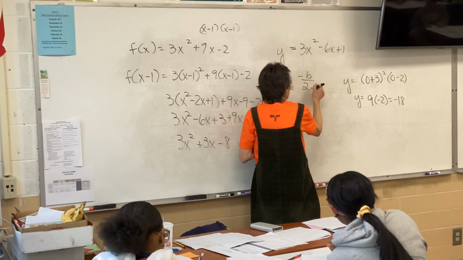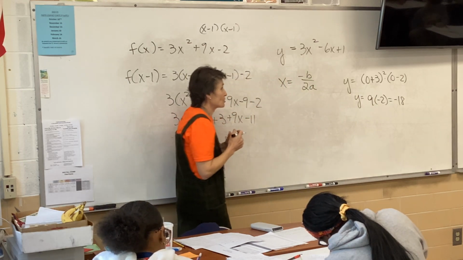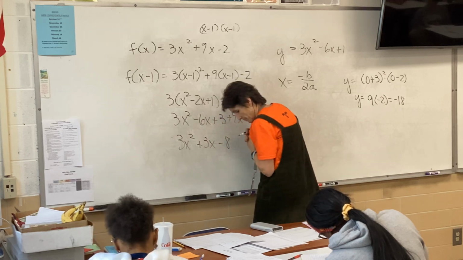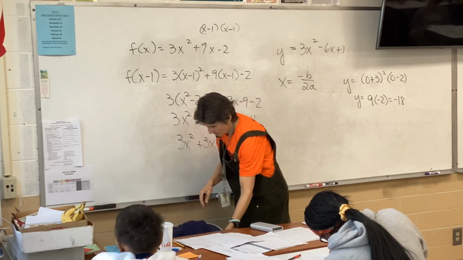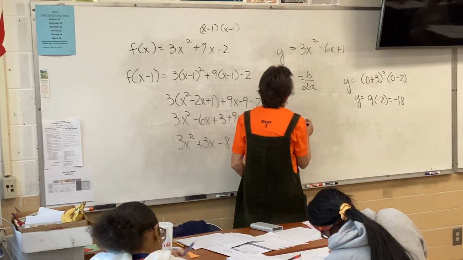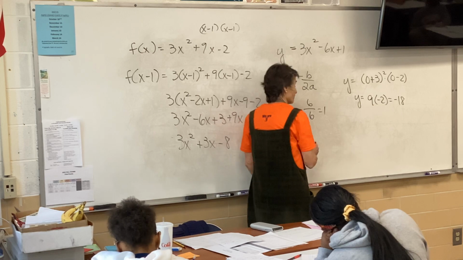Negative b over 2a. So for our problem, that will be positive 6 over 6, 1, x equals 1.